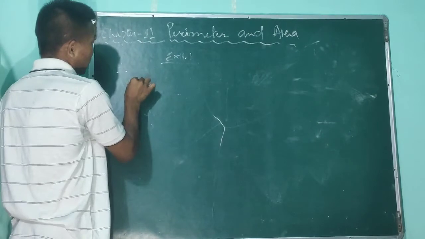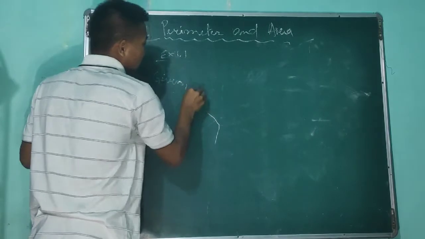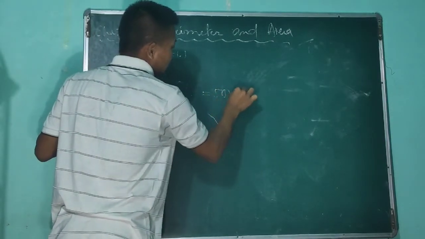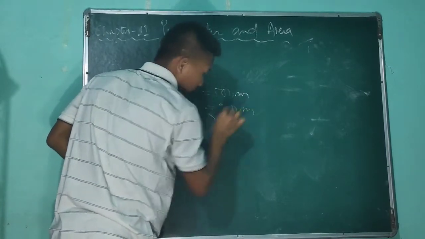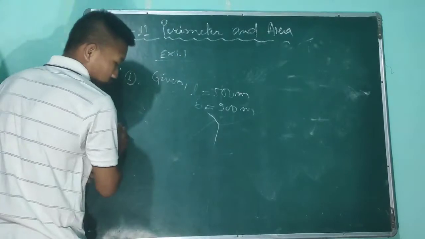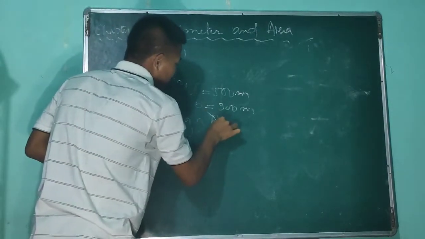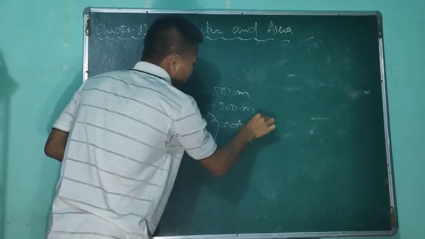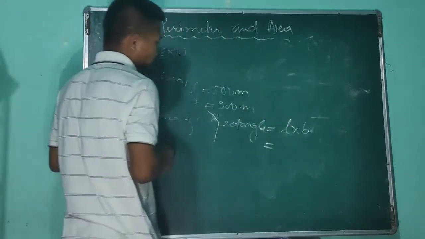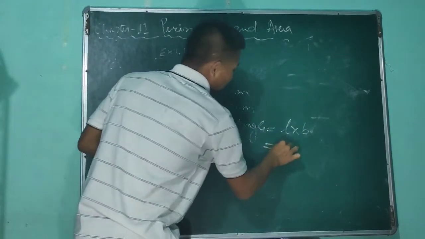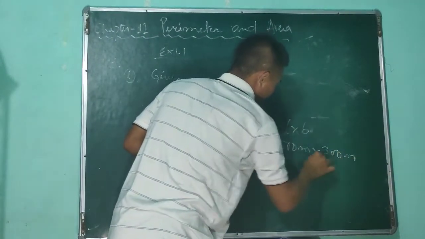Part 1. First you write given. We are given the length is 500 meters and breadth is 300 meters. We have to find the area. So area of a rectangle, do you remember it? It is length into breadth. What is the length here? 500 meter into 300 meter.